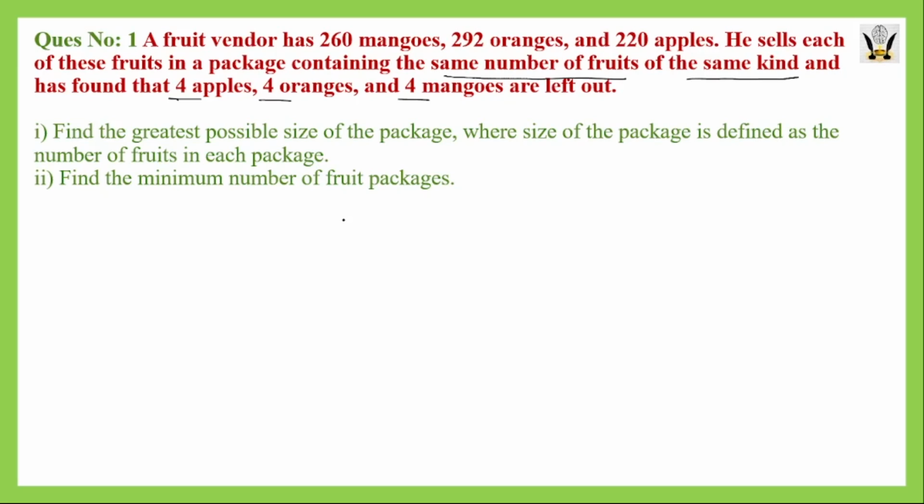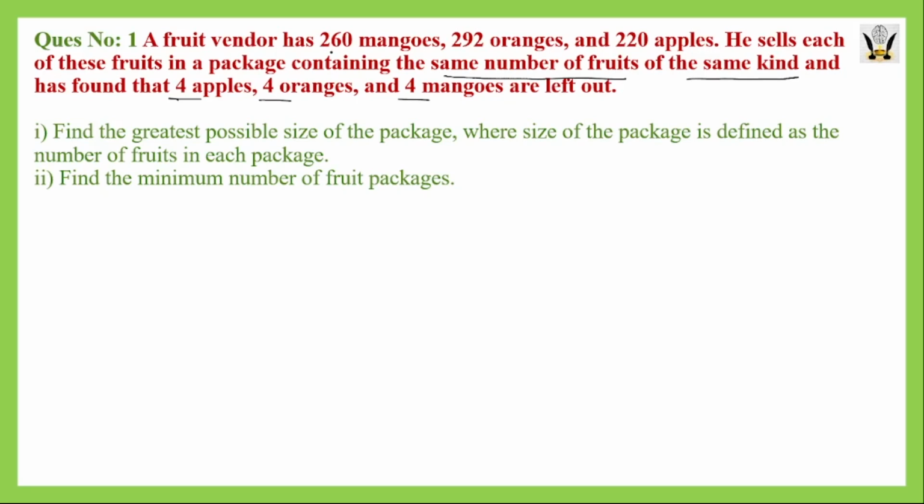So this is basically a problem of finding greatest common divisor or highest common factor, because here we are packing every kind of fruit in the same number, and that is the greatest number. And one more piece of information we have obtained here is that after packing, 4 fruits of every kind are left out.